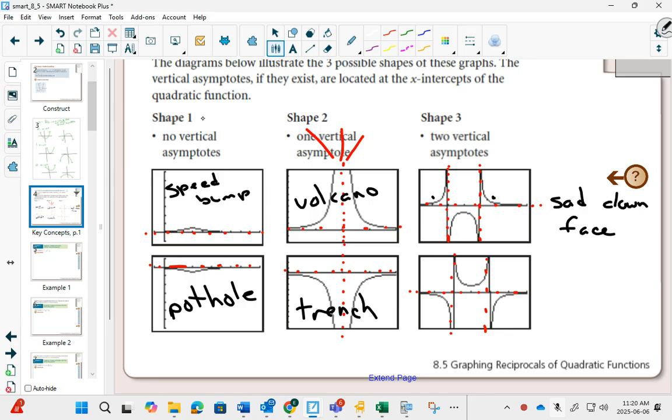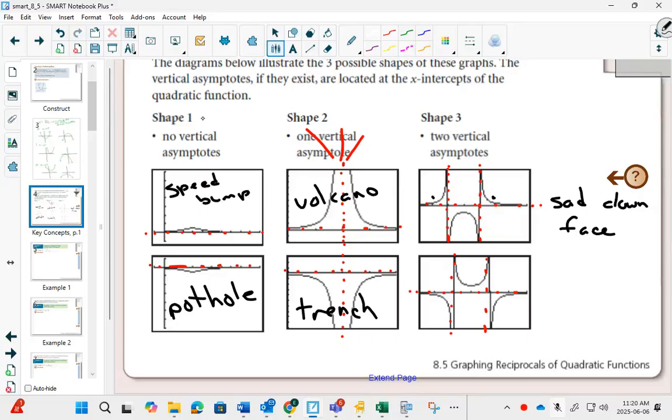See the frown? See the eyes? It's like a sad praying mantis. Or not a manta ray. Not a praying mantis, that's a bug, right? Yeah. I see the manta ray a little bit more. Sad manta ray. Maybe I should change it. But you see the sad face? You see the frown?